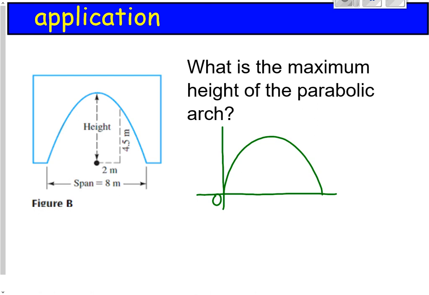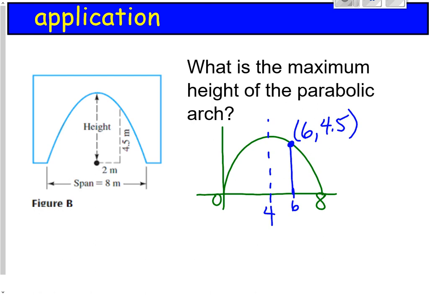So this is at 0, and this is at 8. And then they actually give us a point. So they tell us from the midpoint, so my midpoint between 0 and 8 is at 4. So 2 spaces over from 4, which is at 6, if I go up here, it's 4.5 meters high. So that point right there is 6, 4.5.